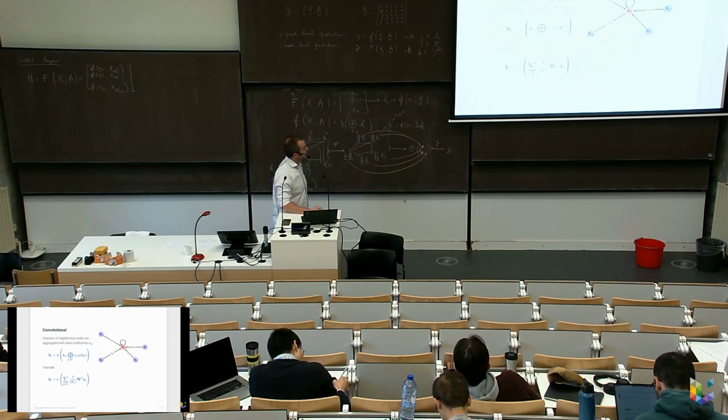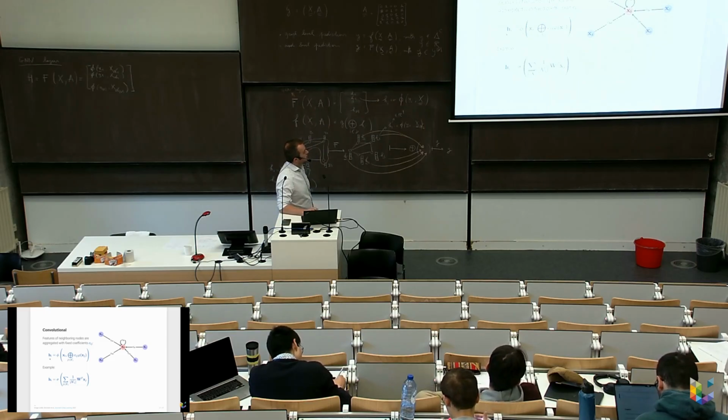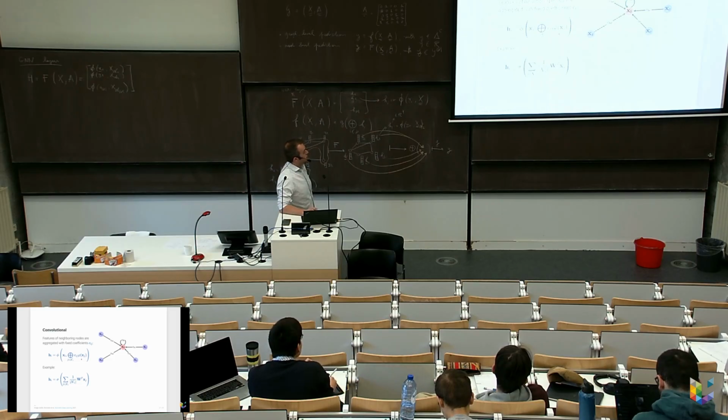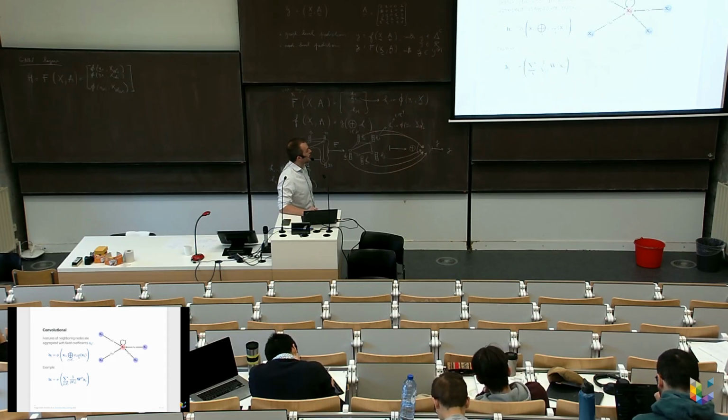operator, which says that the output representation for the node i is given by some function phi of the input vector xi together with some aggregation of vectors that we have derived locally from each of the neighbors, which we weight up or down by some coefficients c_ij.